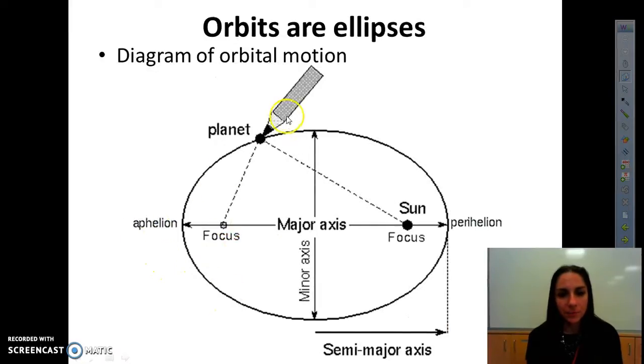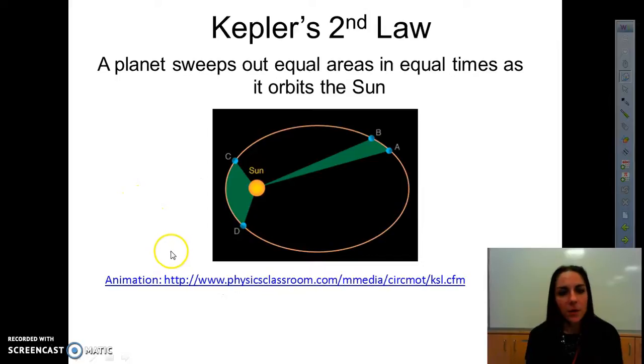So this is what an ellipse looks like, where you have the sun and the planet. Don't worry about the terms right here. We're not going to cover those at all. But the fact that the object goes faster here and slower here comes from the pull of gravity being different, and it also leads to Kepler's second law, which says that equal areas are swept out in equal times.